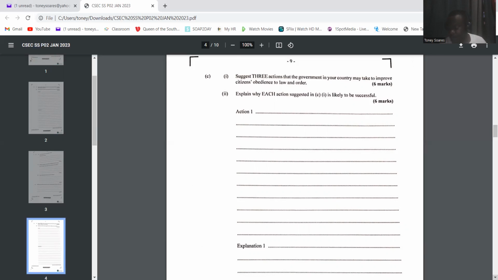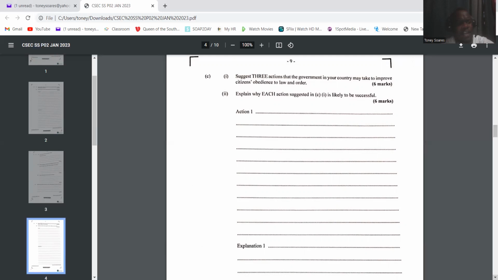Another strategy is to have enforcement of these laws. This is likely to be successful because if the laws are being enforced, right? If you actually break them, people will be aware that there will be penalties, there will be consequences. So they'll be less likely to break them because they know that if I commit this crime, if I break this particular law, then this penalty might reach me.